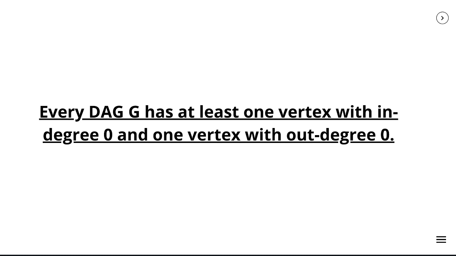So a possible proof of this is that, let's say we have a longest path in the directed graph from, say, vertex u to v. If u to v happens to be a longest path, that means u will have an in-degree of 0, and similarly this vertex v will have an out-degree of 0.